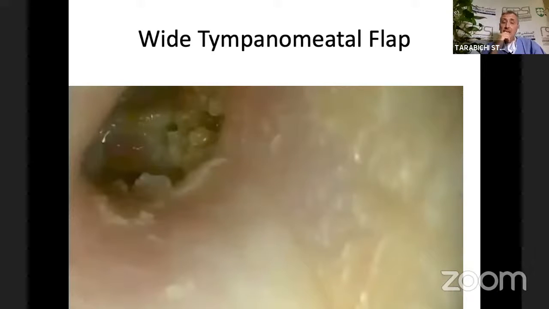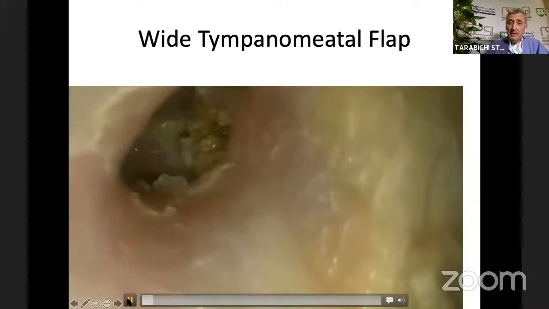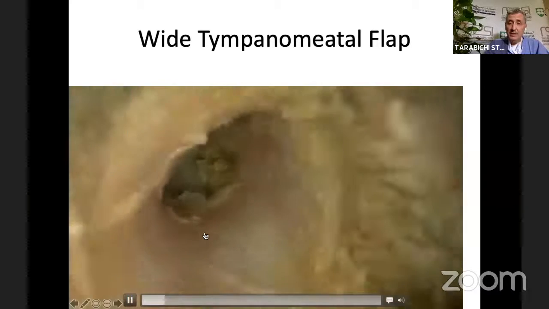It really is important to do a very wide tympanomeatal flap. I would say the two limbs of your flap should be almost parallel to the annulus, so you really need to go very far anteriorly. This is the point I'm trying to make here. This is, I guess, a cholesteatoma. This is a very old video.